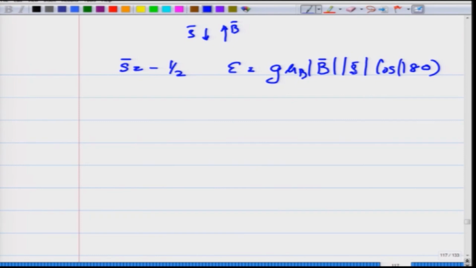So, B dot S is nothing else but this. This will give you minus mu B into B.